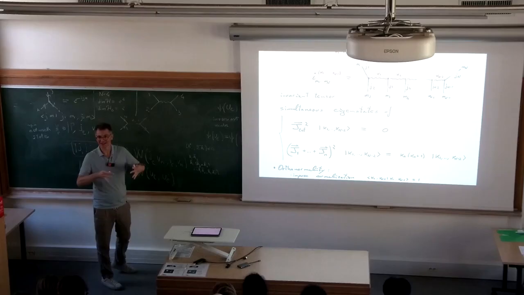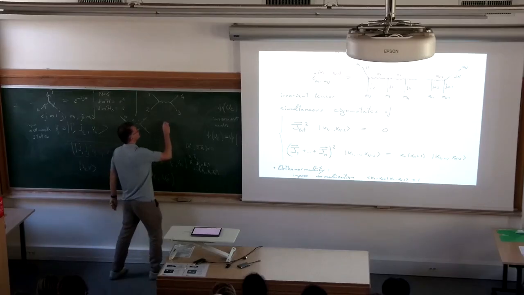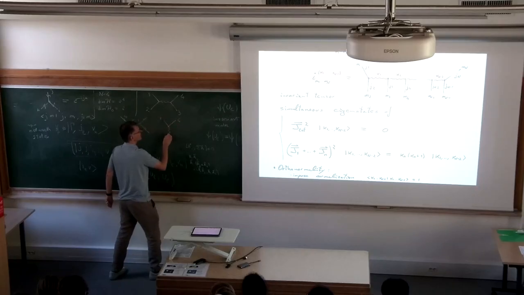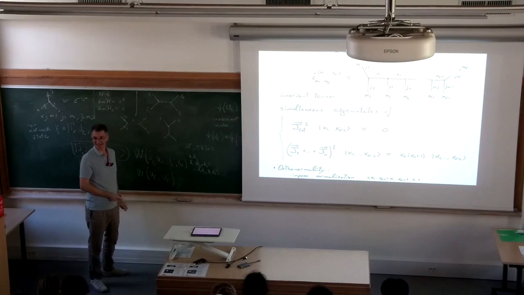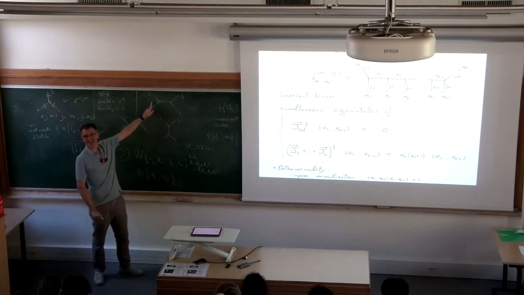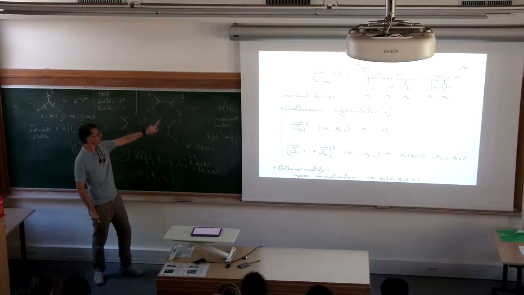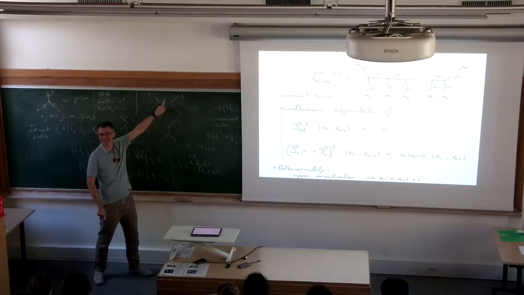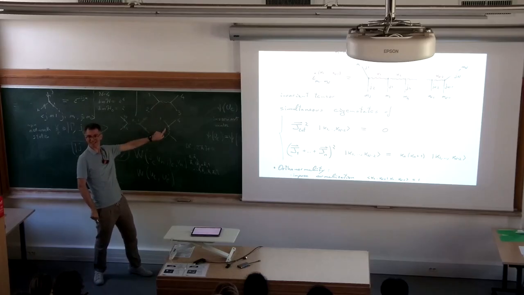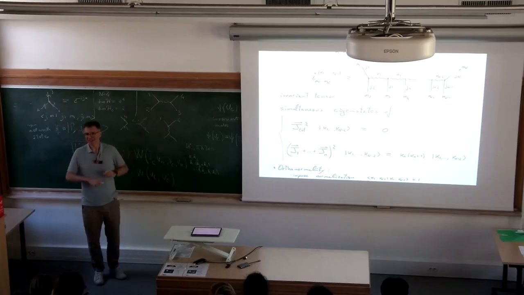I could do another channel where I do 1 with 4, and diagonalize this one. So this is an eigenstate of one observable, and this is an eigenstate of another observable. If you span over k here, you get a basis. Here you get a basis. But they are not the same basis because the observables don't commute.